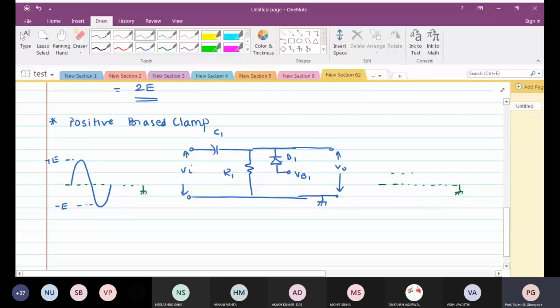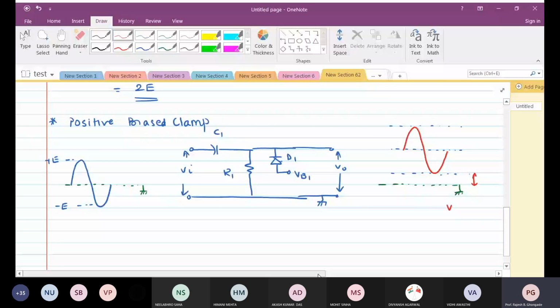What do you predict? What will happen? It will be shifted in the positive direction. In the positive direction by what amount? So it will be shifted by this much amount, which is actually VB1. Very good.